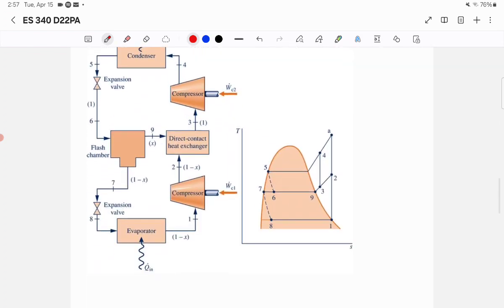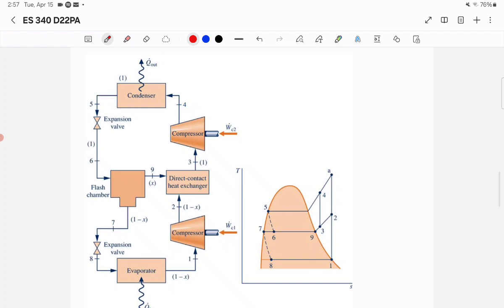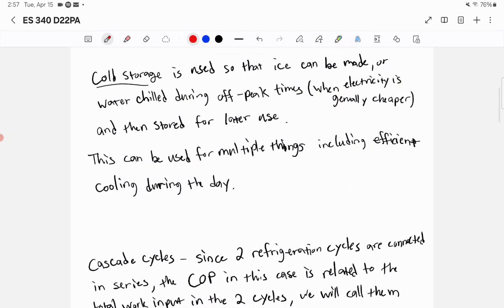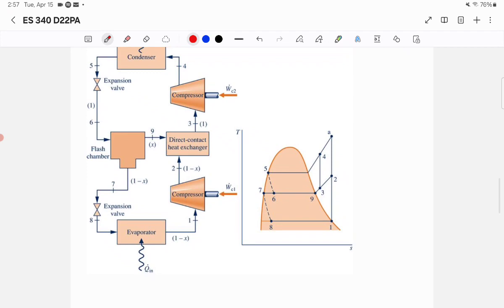And then multi-stage compression, another idea of connecting multiple parts. This is not quite the same as the cascade cycles, because instead of connecting 2 refrigeration cycles here, you go through a slightly more complicated process.